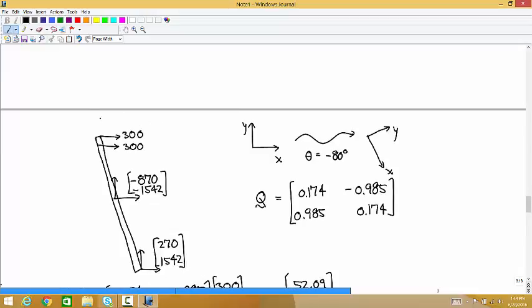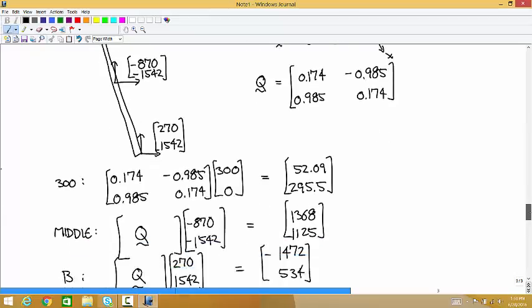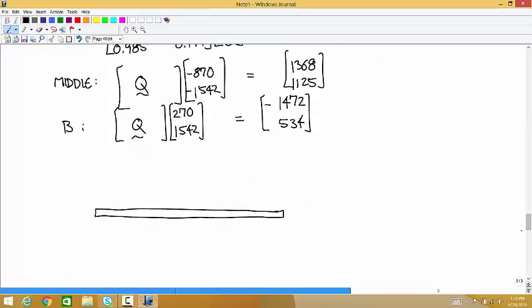Well, what we're doing is switching to this guy's point of view. Those two 300s are going to be the ones on the left. This will be in the middle, and this will be on the right. And you do the same thing.